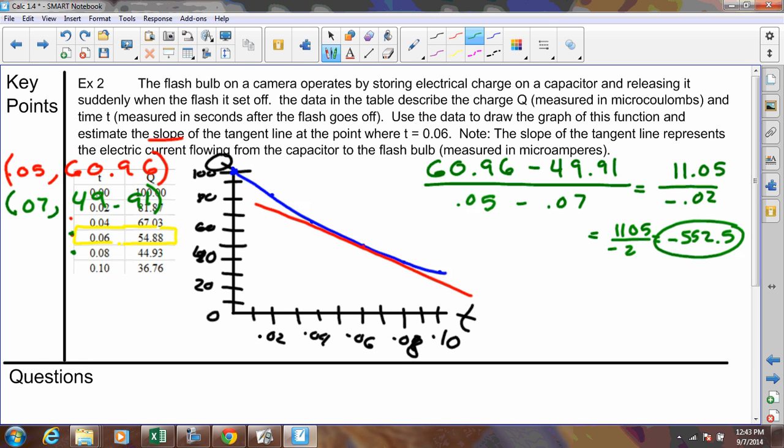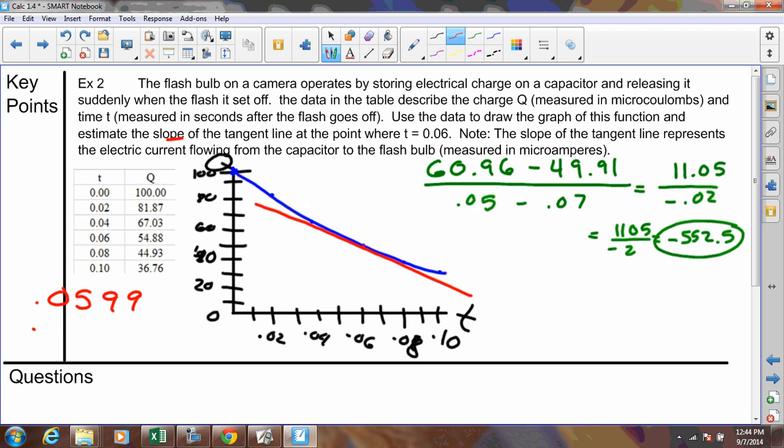If we would like to get a better estimate, we could go through and actually create a regression model, use the equation from the regression model, and instead of doing pieces like 0.05, 0.07, we could actually go through and do 0.0599 and 0.0601.